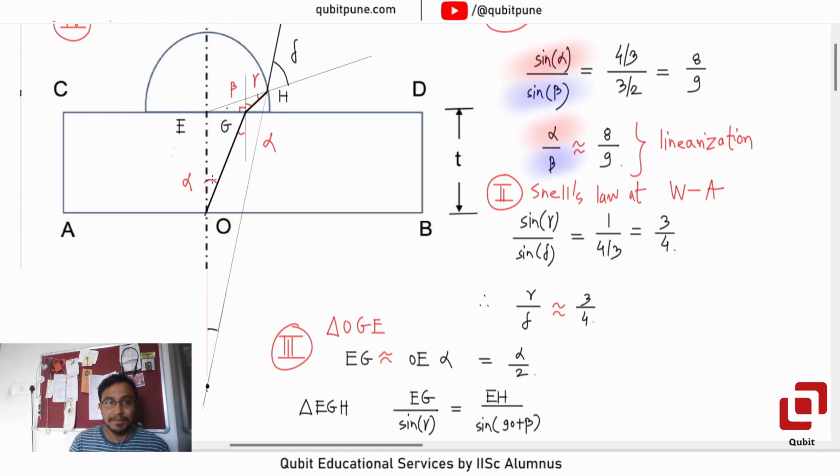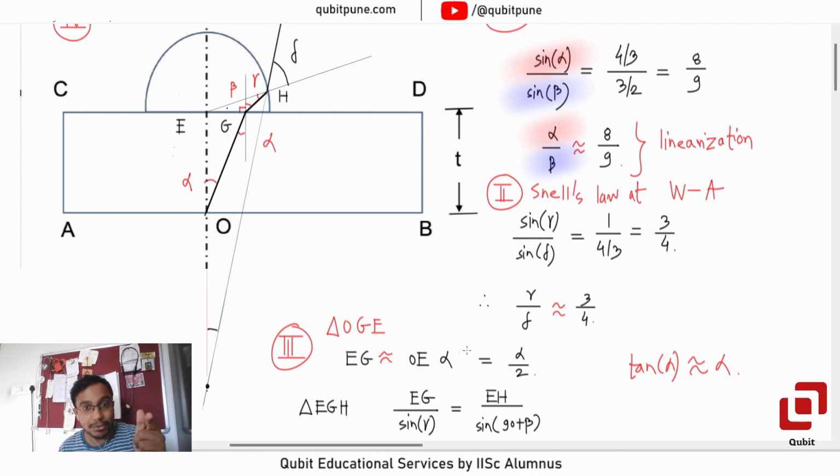So what is tan alpha? In this case tan alpha will be equal to EG upon OE. Again, tan alpha's linearization has also been used. Tan alpha is approximately equal to alpha. So if tan alpha is EG upon OE, I can approximate alpha as EG by OE.